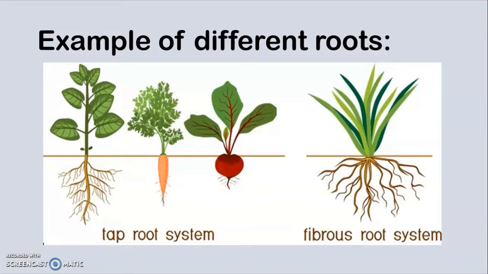The tap root system has a few sprouts connected to the stem, and the other one, the fibrous root system, looks like more sprouts. Yes.